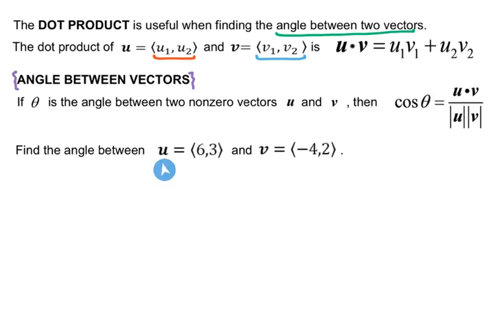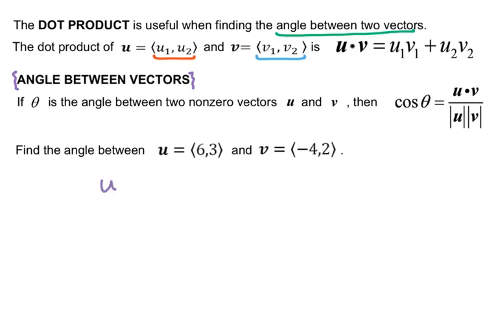Let's find the angle between two vectors. So we have u given here as 6, 3, and v is given as -4, 2. In order to calculate this angle, I need u dot v. I also need the magnitude of u and the magnitude of v.